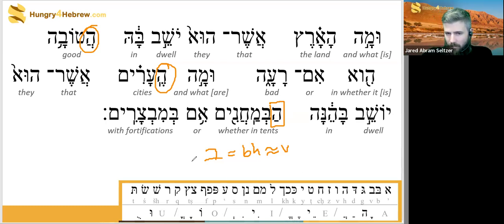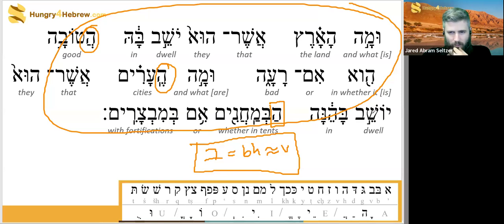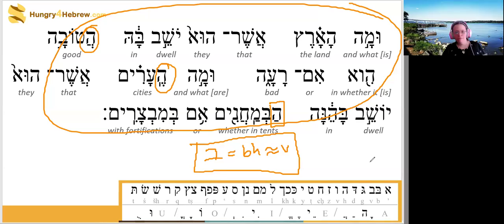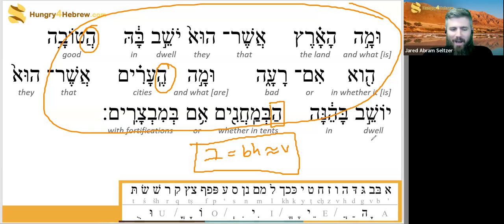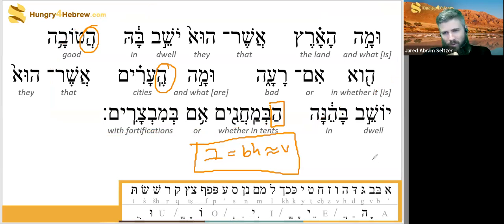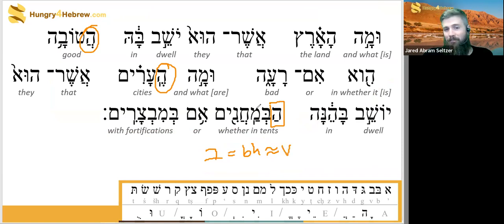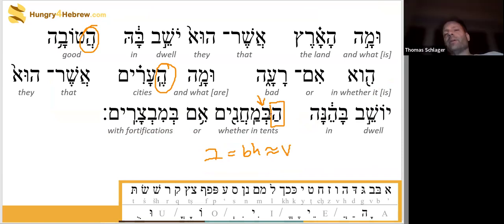But my point is that if this arose from Aramaic influence, is this before or after the Aramaic influence? Before. It's way before. It was the Babylonian exile where we see that Aramaic influence. So I know it's a stretch, but the letter bet would have originally had a B sound here, even though it wouldn't have been grammatically doubled.